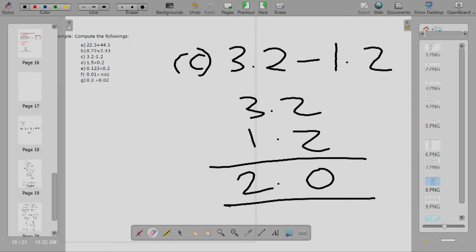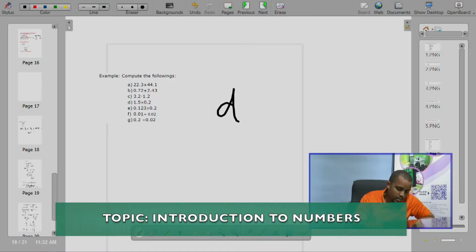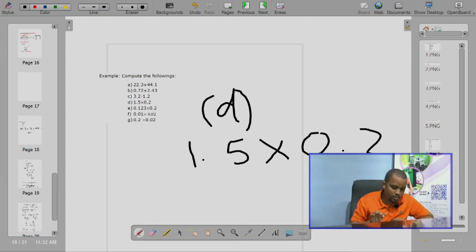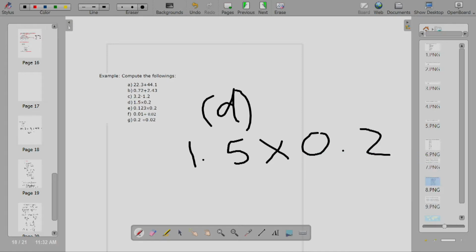So let's move to Roman D, which requires us to multiply 1.5 by 0.2.